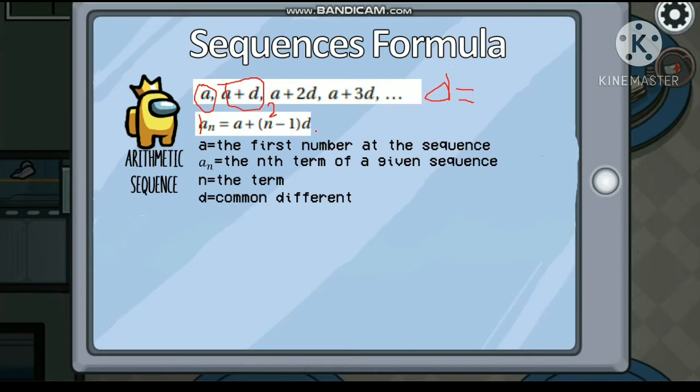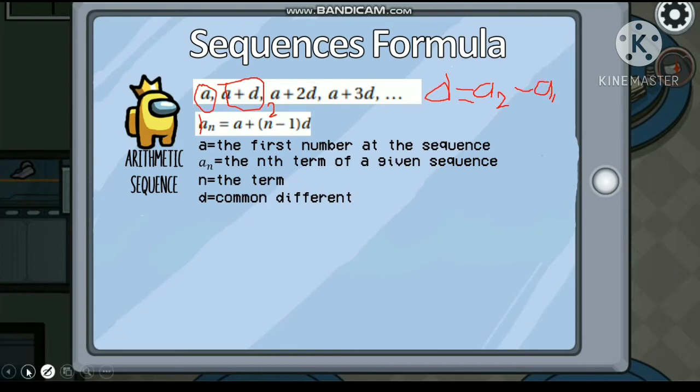You can do it with all the terms, but in this example I want to do it with the second term and the first term. So we write the second term subtract by the first term, and we can get the difference.